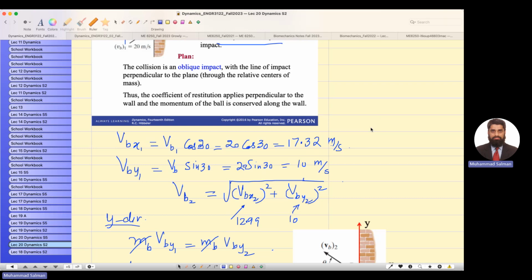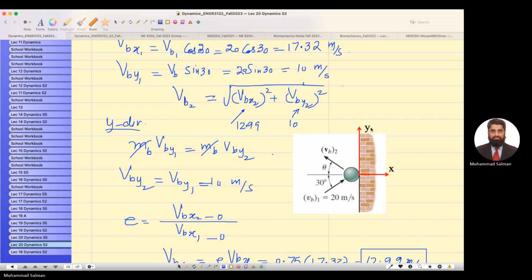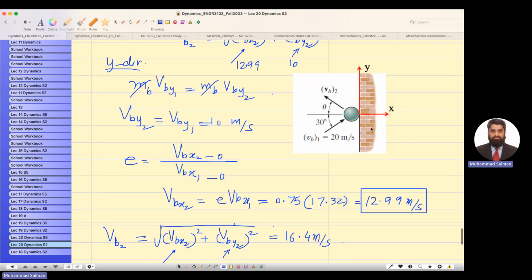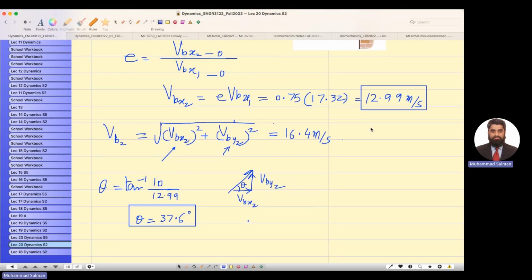First, I want to see what we need to find out. I'm missing VBx2 and VBy2, and I know that oblique impact has momentum conservation perpendicular to the central impact. So from there I can find the y component, and I know that the coefficient of restitution gives me another equation, which is always along the line of impact, and that gives me another component, and therefore we find the magnitude formula.